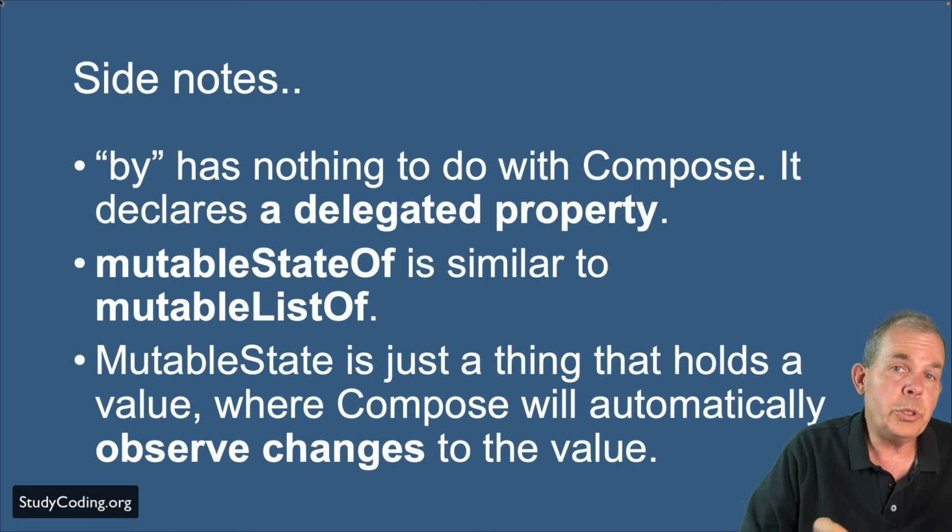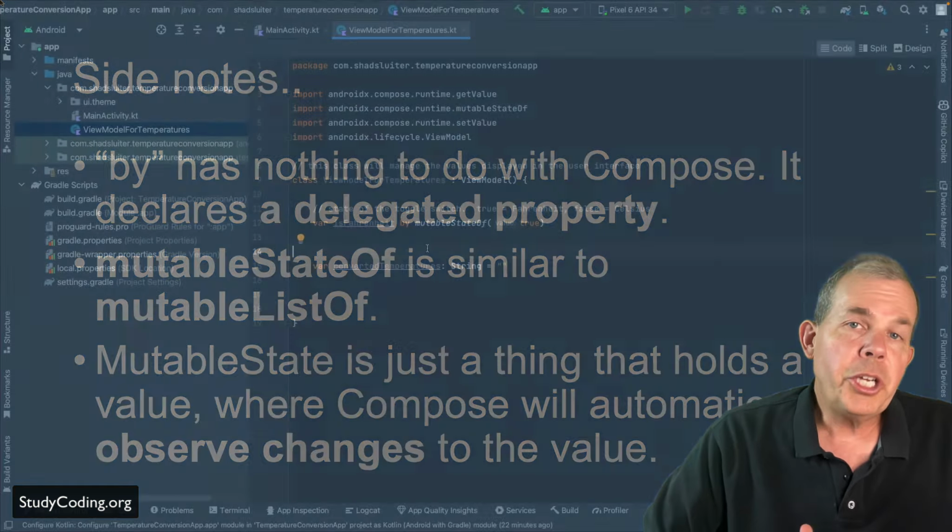So if you switch a value from false to true, the little toggle switch on the user interface should also move automatically. You don't have to physically go in and program that. It's observing the state of the value. So changing this value to a mutable state of allows the user interface to know what state it should be in.